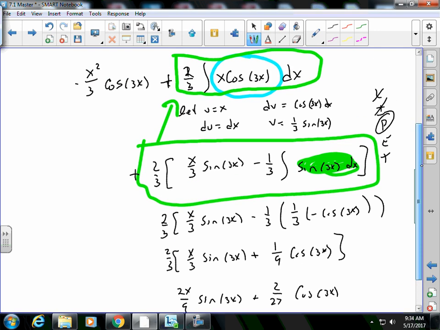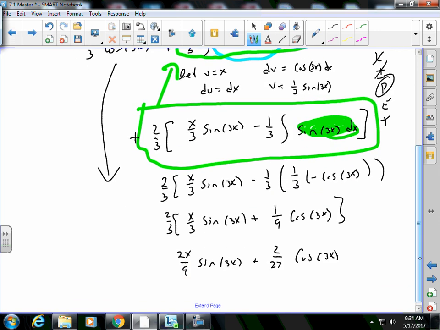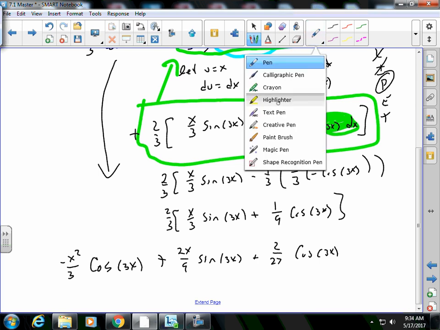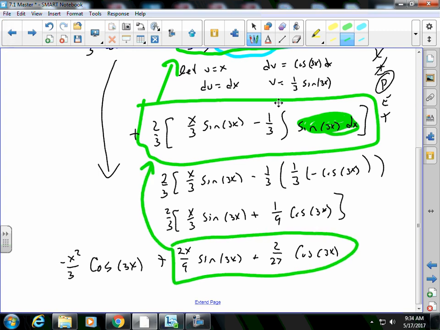I don't want to forget all of this. That needs to come down. And that was a minus x squared over 3 cosine 3x. And I was adding that part. So this here took care of that piece.